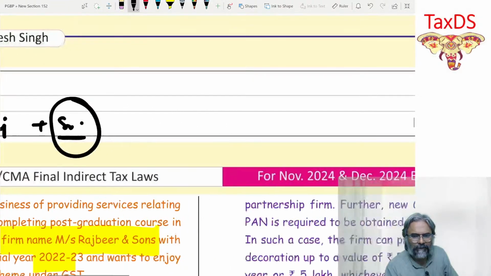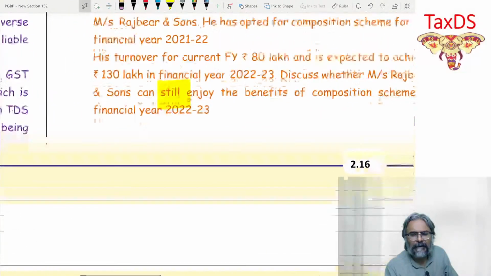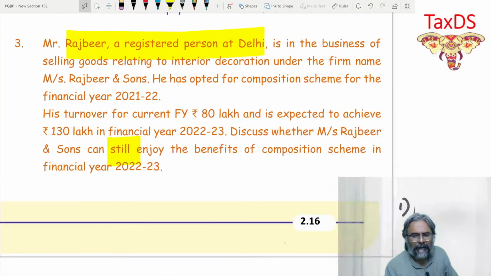So how much, students, in this case, is the turnover of the state in the preceding financial year in this context? 80 lakhs or 130 lakhs?